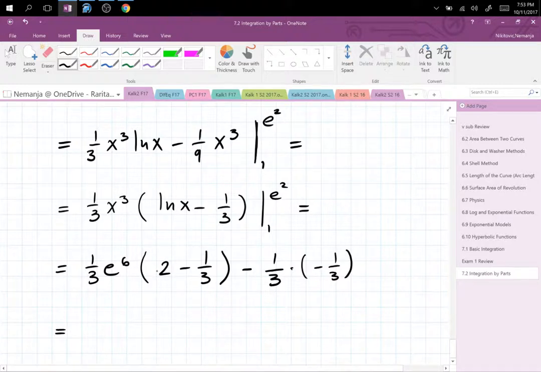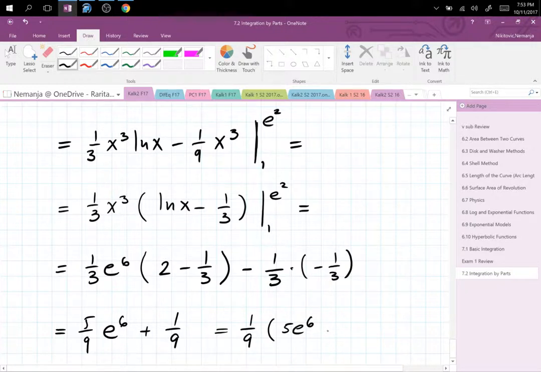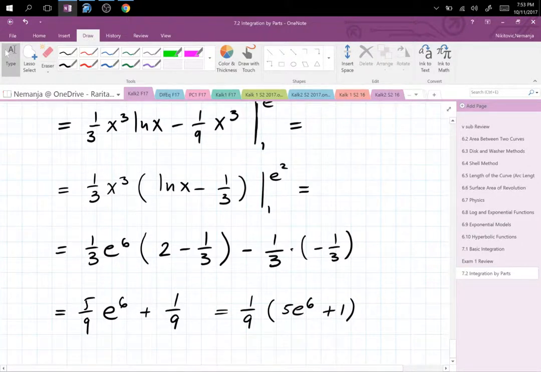So now, 5/9 e to the 6 minus, plus 1 over 9. And that's it. So if you want to be fancy, you factor out 1 over 9, and you have 5 e to the 6 plus 1. That's the exact answer. You can go and get the decimals if you want to, but this is exact.